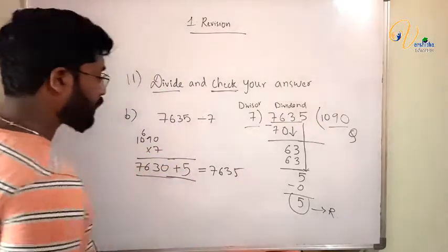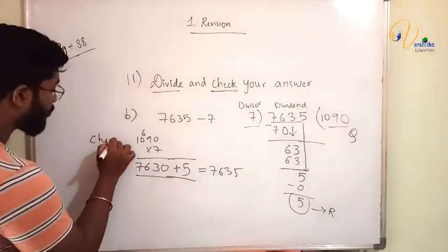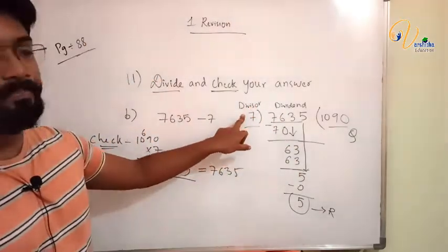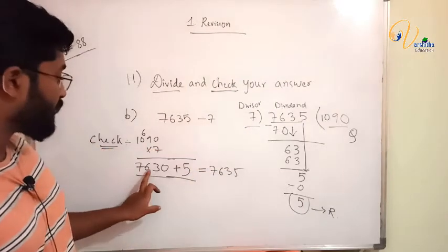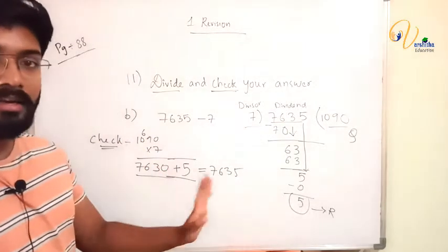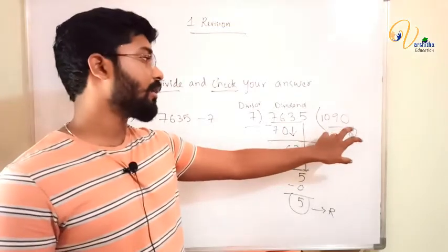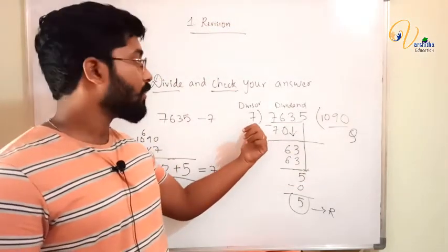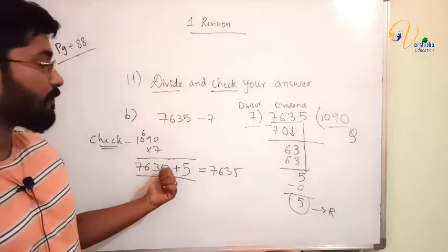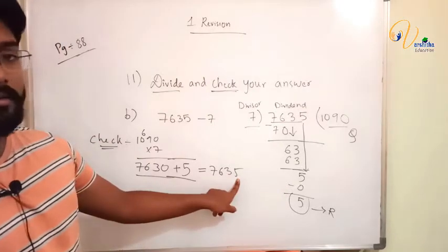7635. So in the checking we did, quotient into divisor gave you 7630, and to that you add the remainder, 5. Try to understand; don't just remember the formula. You got 7635.